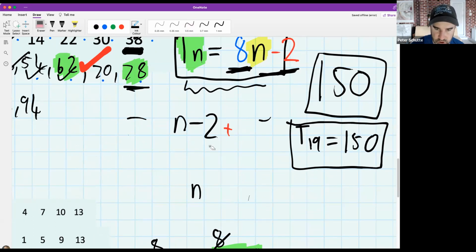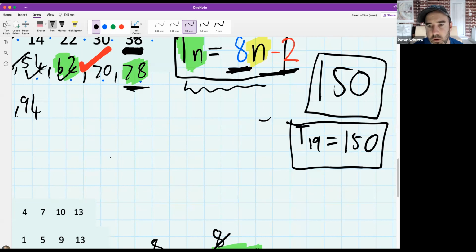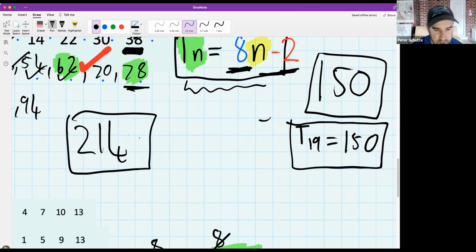Instead of 150, I'm going to ask you about 214. I want to know the value 214. What position is the term value 214? What is the position of the value 214? Go for it.